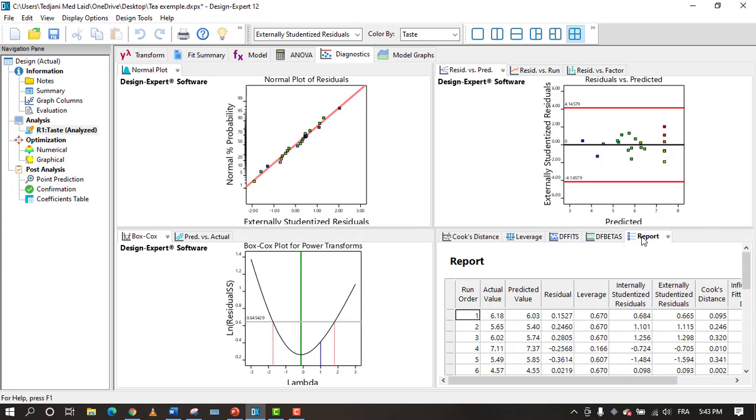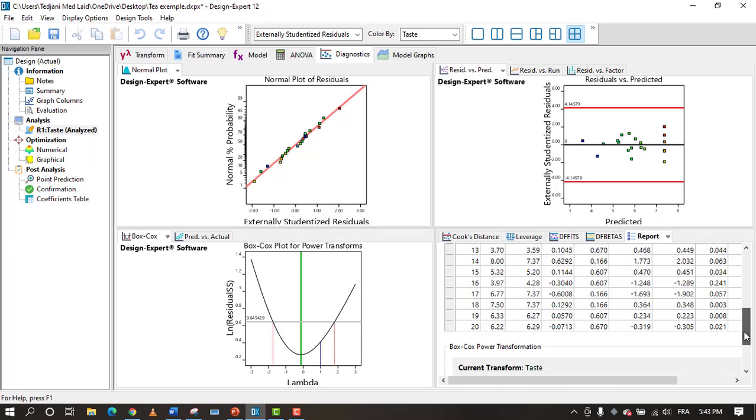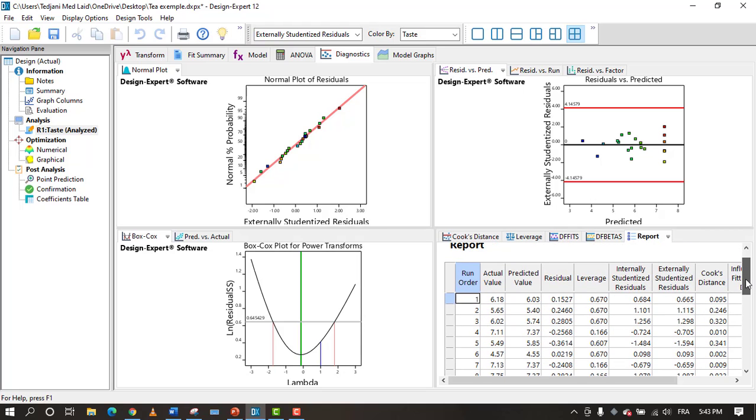Here we can see the report. We need this report to use in our articles or our results, which contains the actual values and the predicted values. As we can see here, the actual values and the predicted values are in good agreement.